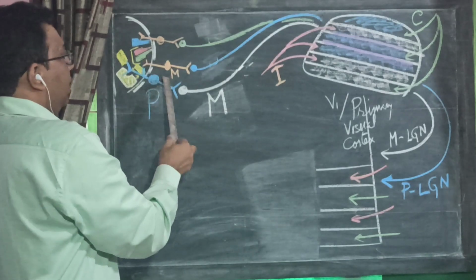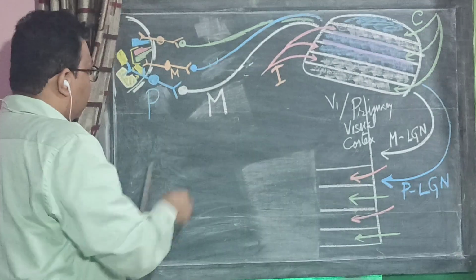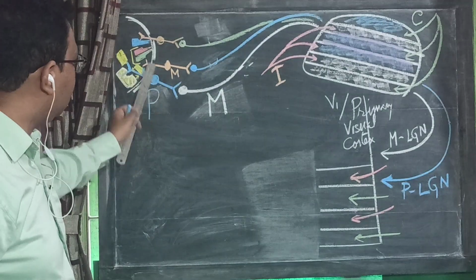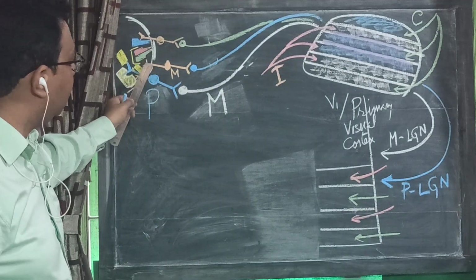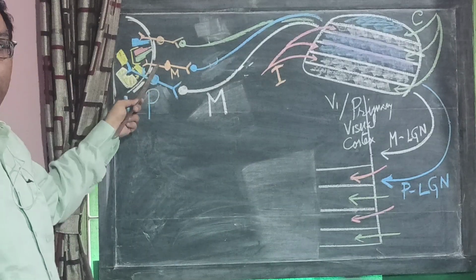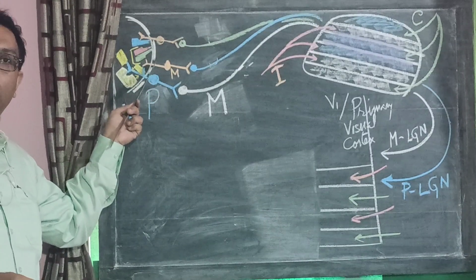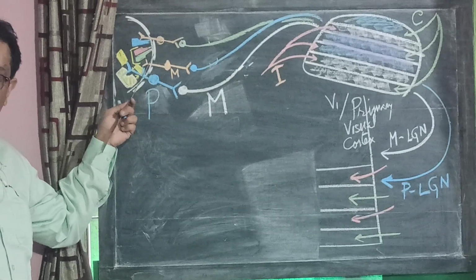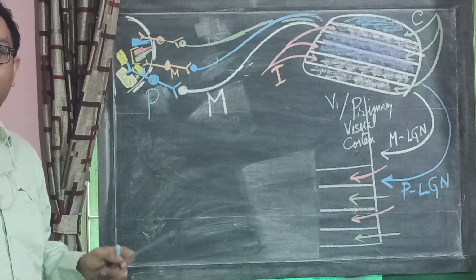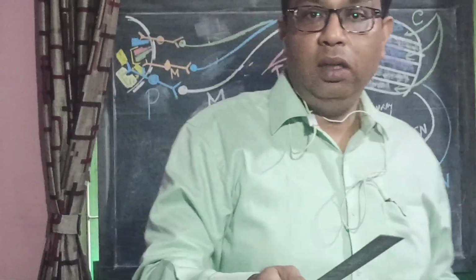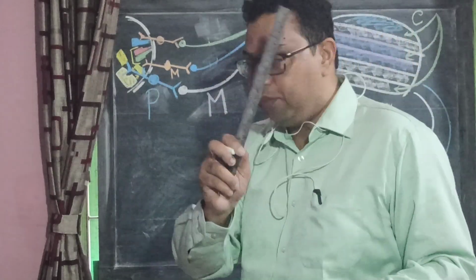This bipolar cell is a midget bipolar cell, a very small bipolar cell compared to this, and it has a one-to-one relationship with the cone. One cone will contribute to the depolarization of this midget cell or hyperpolarization of the midget cell, depending on whether it is in the on pathway or off pathway.